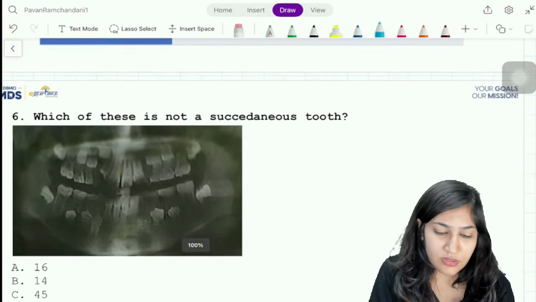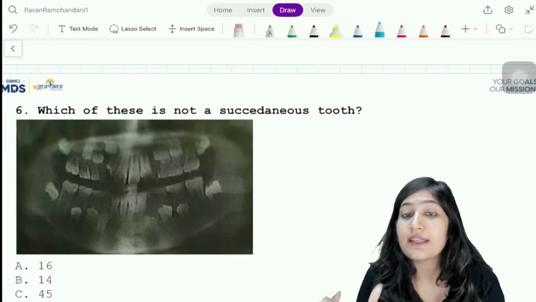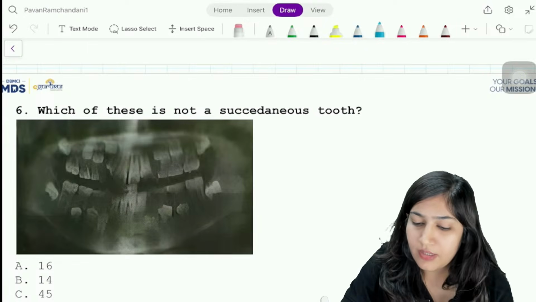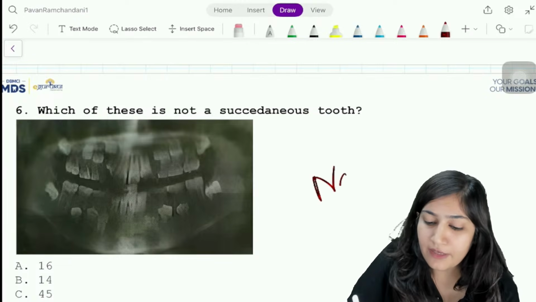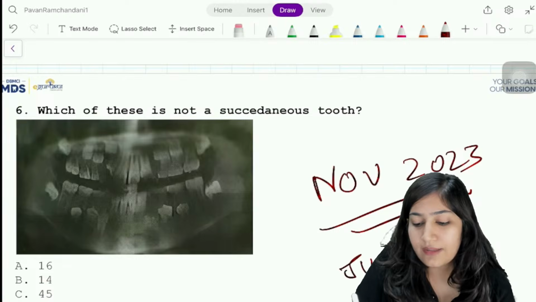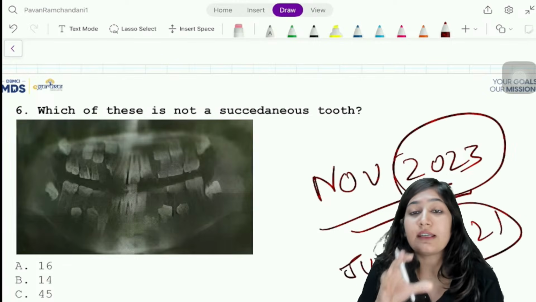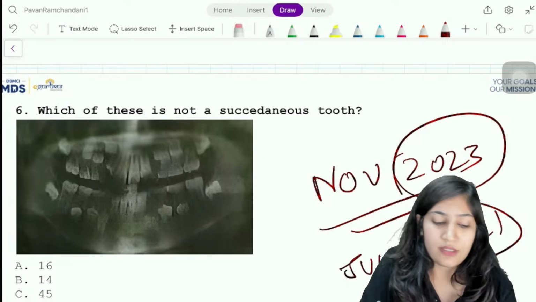Which of this is not a succedaneous tooth? Again, this is a repeat question. This question was asked in November 2023 as well as in July 2021. This is definitely a repeat question.